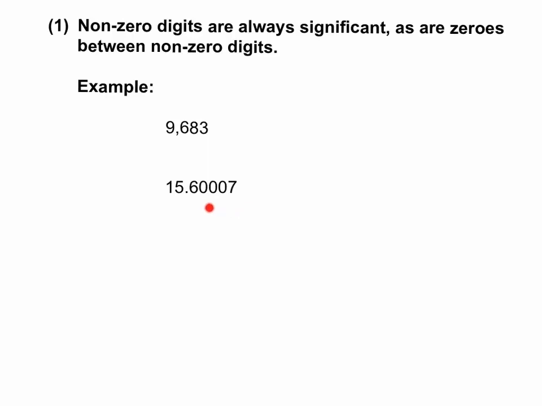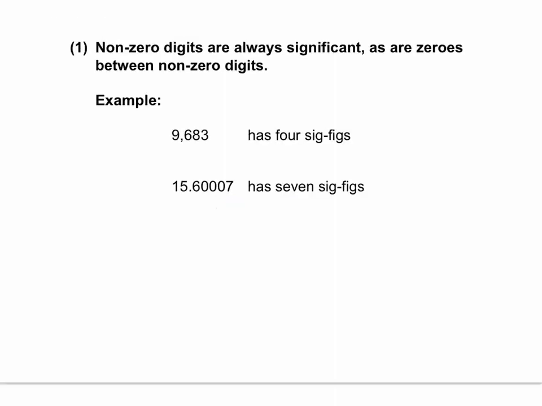We see that there are 3 sandwich zeros, so in this case, every number within this measurement is considered significant. So it would have 1, 2, 3, 4, 5, 6, 7 significant figures. Please make sure you have this rule and these examples written down in your notes.